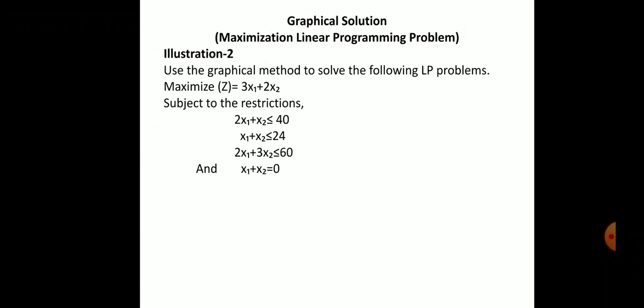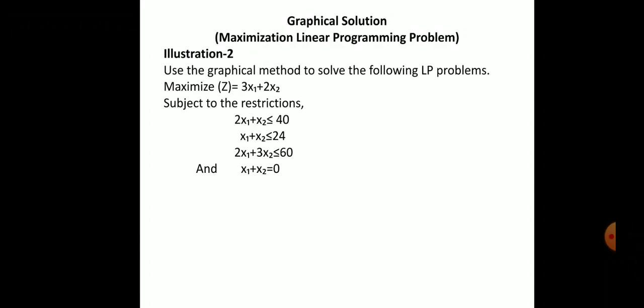It's an illustration to use the graphical method to solve the following linear programming problem. They have given: maximize z equal to 3x1 plus 2x2. Maximize means it is a maximization problem. Finally, our main objective is to find the value of z, that is the total profit, equal to 3x1 plus 2x2.